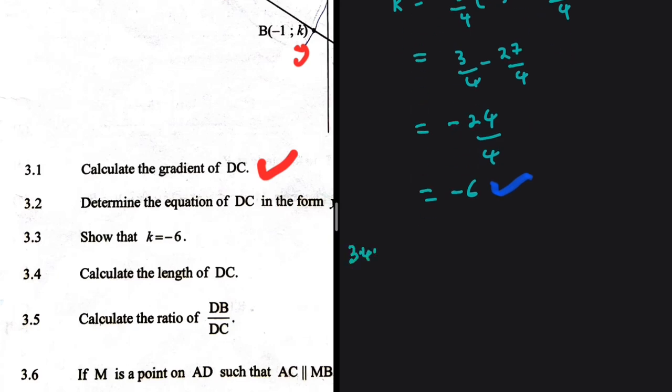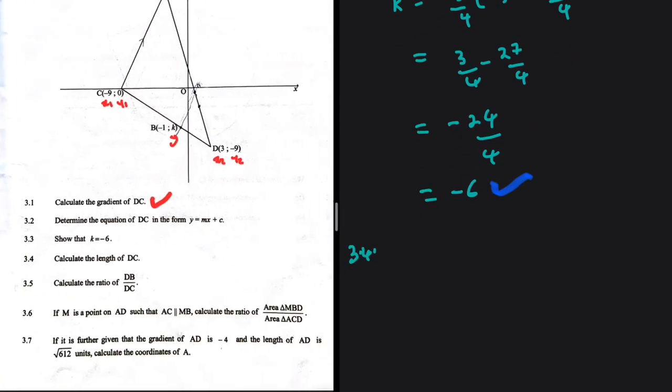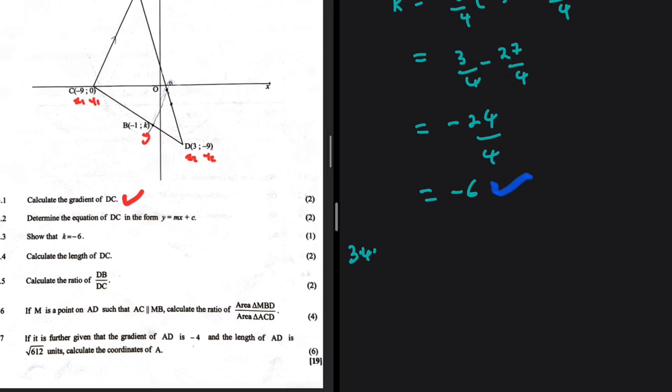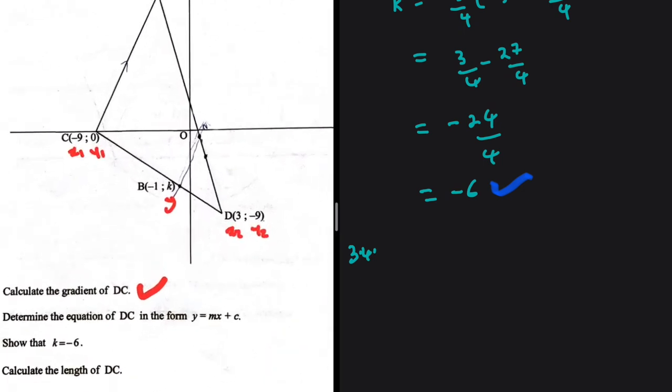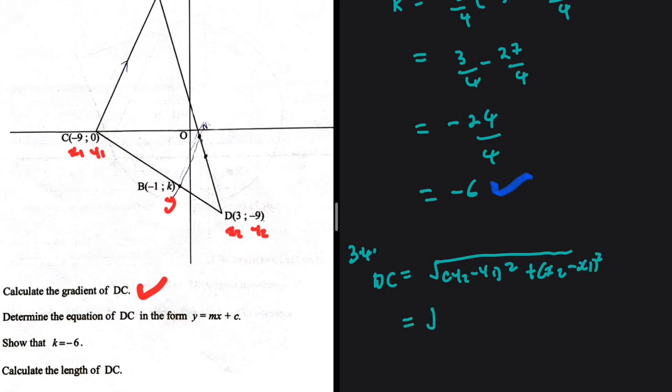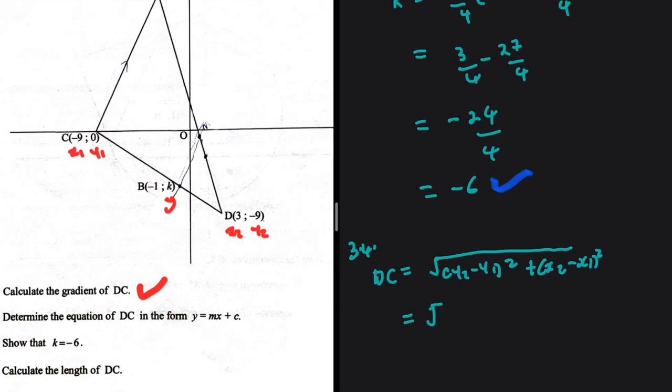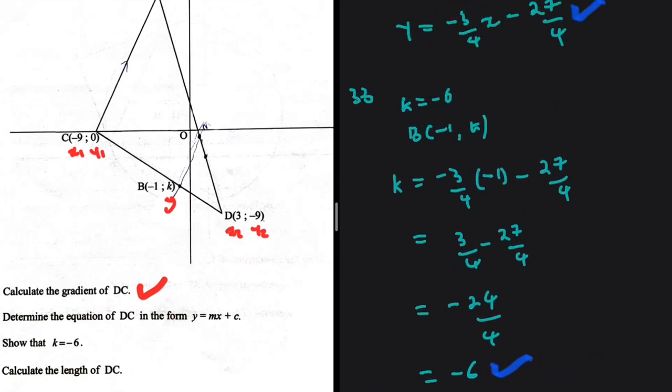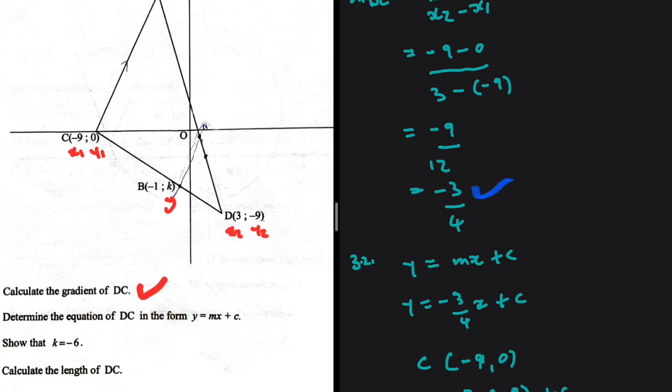What about 3.4? Calculate the length of DC. If you take a look at 3.1, 3.2 up to 3.4, there's really no creativity. We are just sticking to the basics. In order to find DC, we have the distance formula: y2 minus y1 squared plus x2 minus x1 squared. But I'm going to take a shortcut here. Y2 minus y1, we already have that from calculating the gradient.